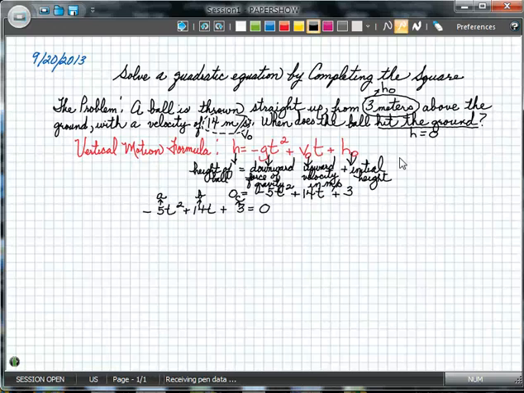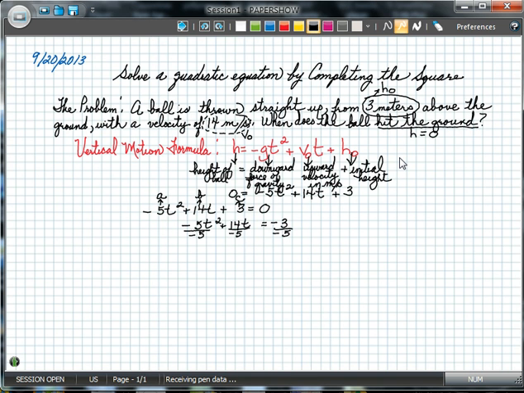So let's do that. A negative 5t squared plus 14t, and I'm adding a negative 3 to both sides. We like our A term to be 1, so I'm going to divide the whole equation through by a negative 5.